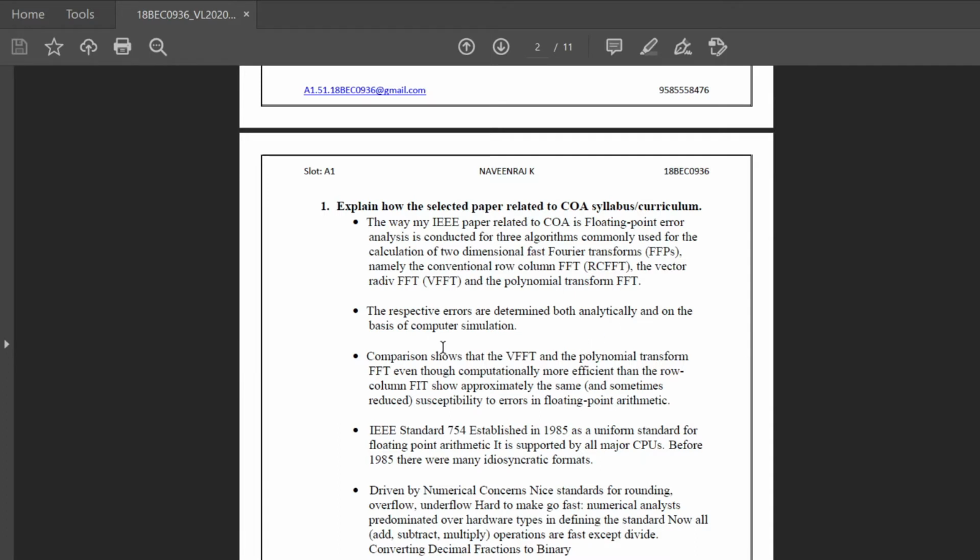So these are the three FFTs used to analyze the floating point error. They can determine the errors both analytically and in computer simulation.